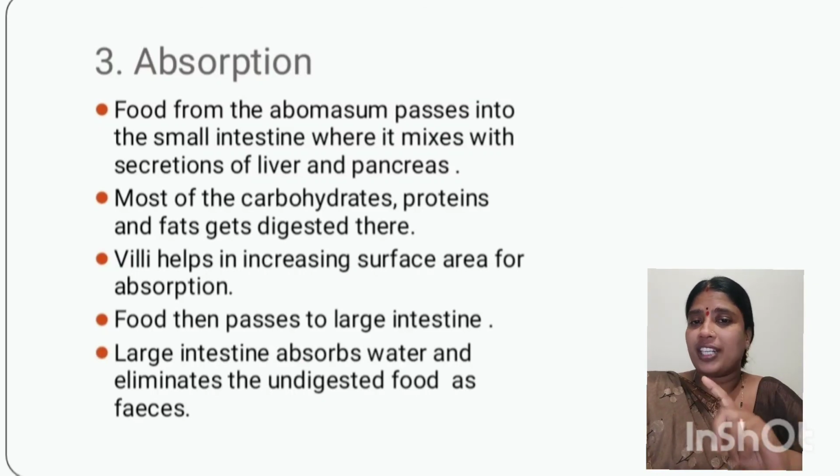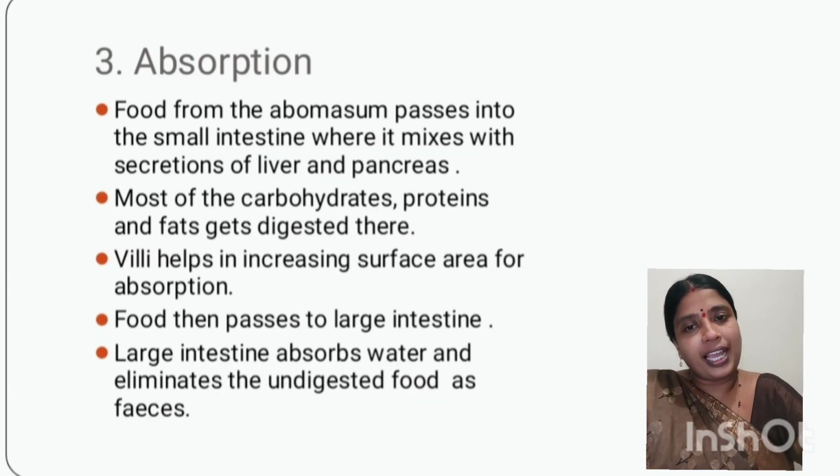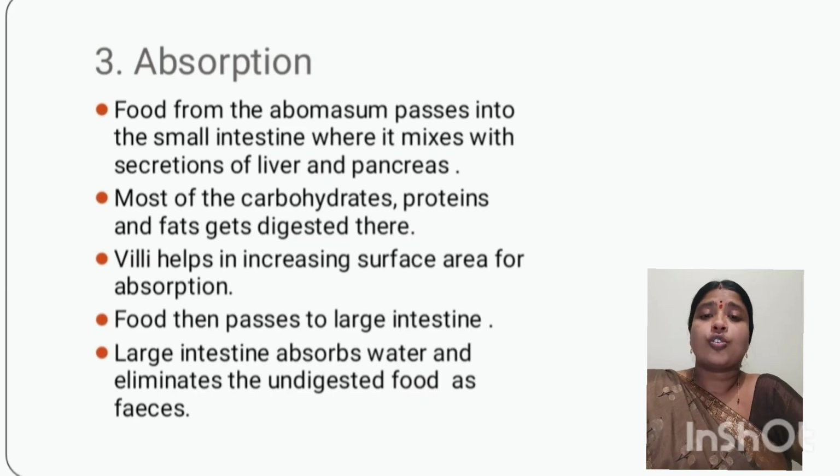Then from the small intestine, food passes to the large intestine. Then the large intestine absorbs the water and eliminates the undigested food from the anus in the form of feces. So this is the general process of nutrition in ruminants.